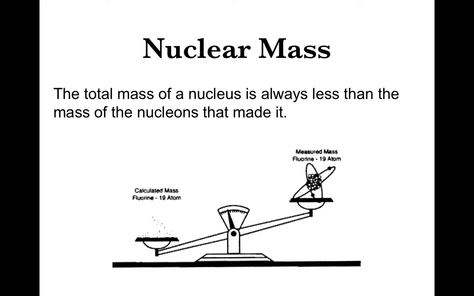For instance, if a nucleus has 2 protons and 2 neutrons, adding 2 protons plus 2 neutrons gives you a certain number. But if you combine them into a nucleus together, the mass of that nucleus will be less than the calculated mass.